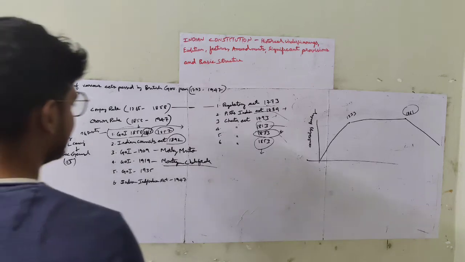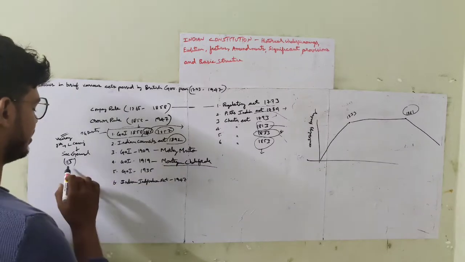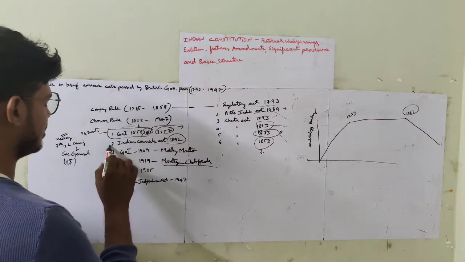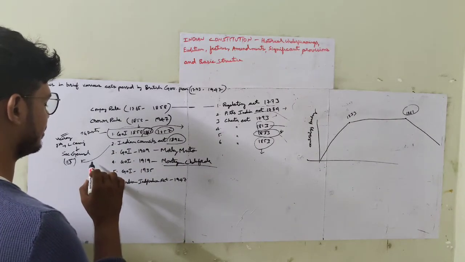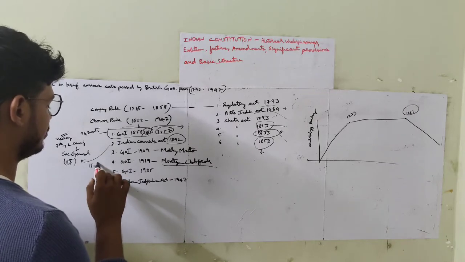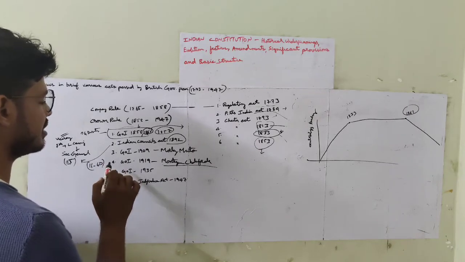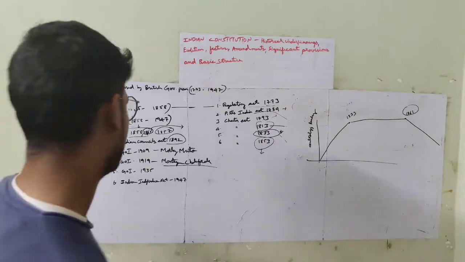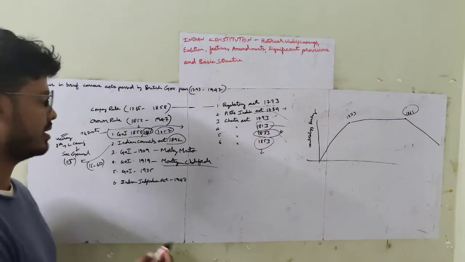it increased the number of members of the Legislative Council. I said no, it is 15. So in the Councils Act, it got increased from 16 to 60 in the legislative. There was a separate council called the Legislative Council. Okay, in that Legislative Council there were 16 members.